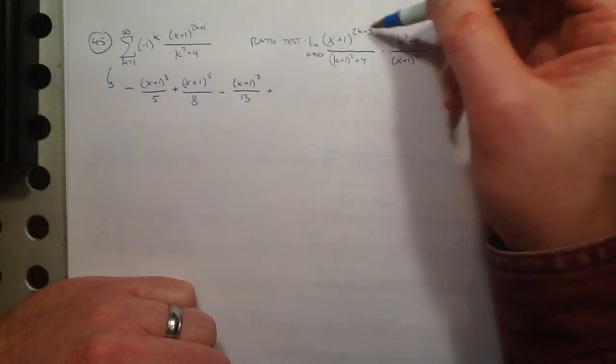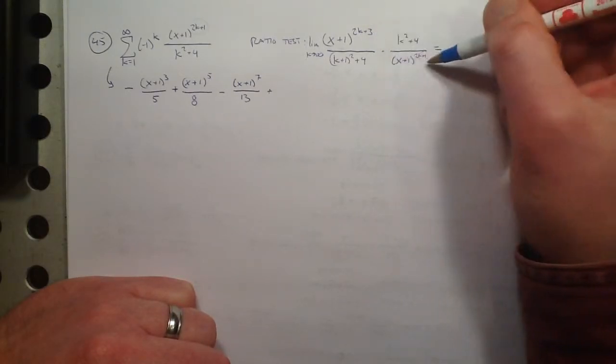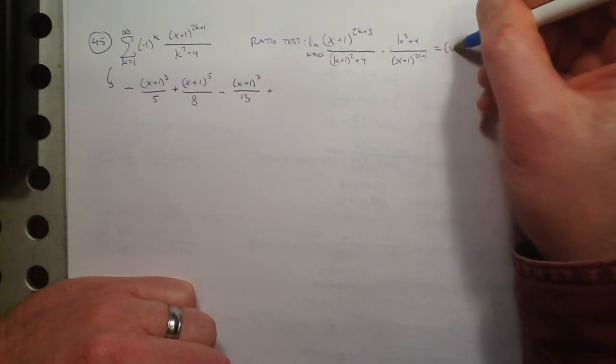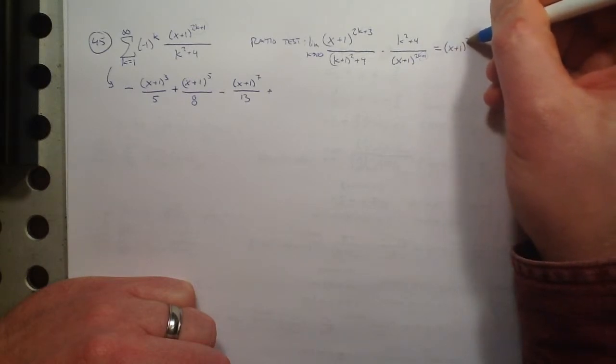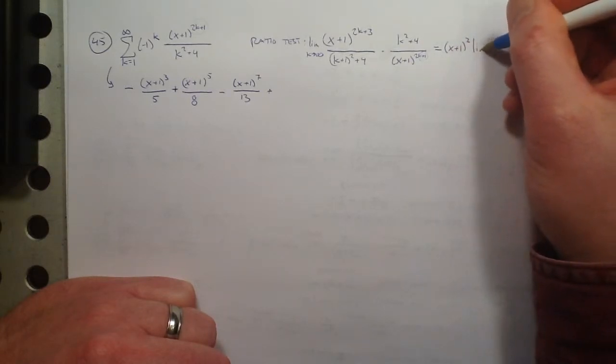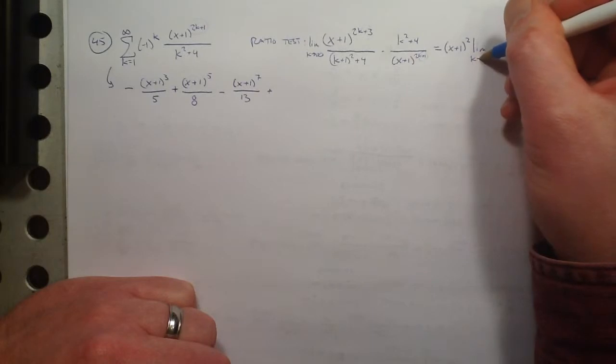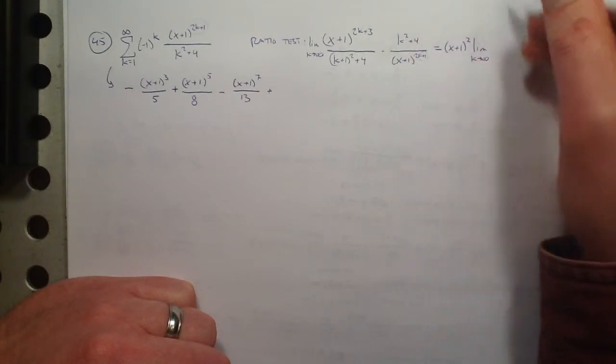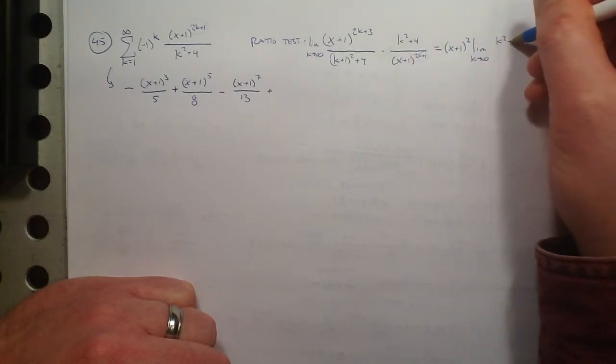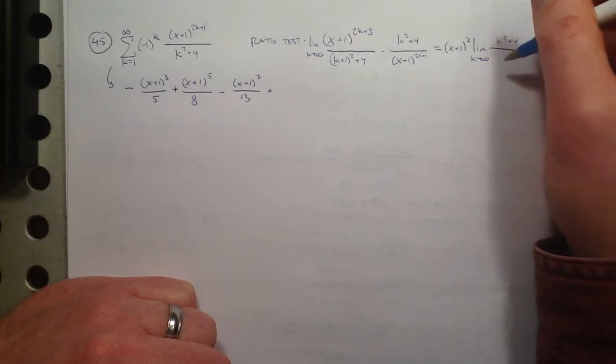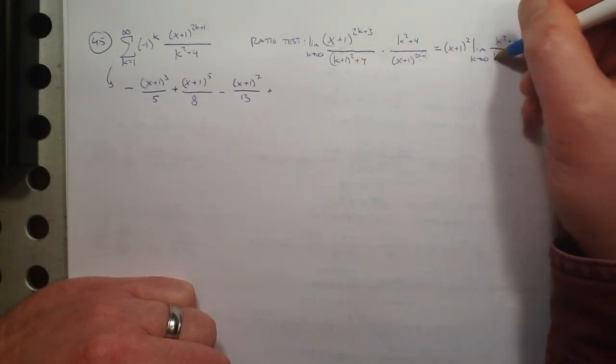Now this is bigger than this exponent by 2. So that means I have x plus 1 squared outside here. And the limit as k approaches infinity of something with the highest power of k squared and a coefficient of 1 in the bottom.